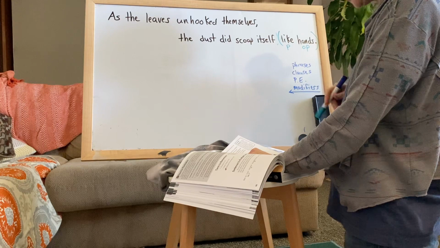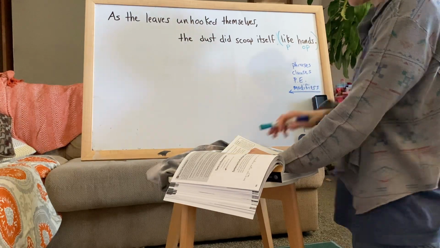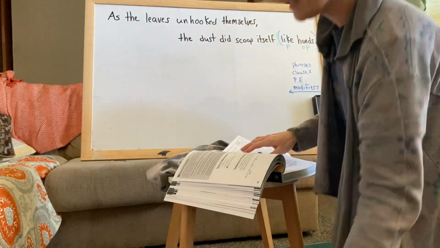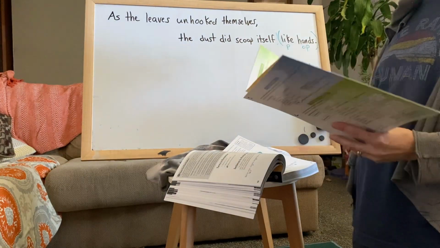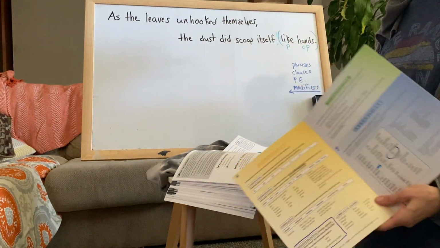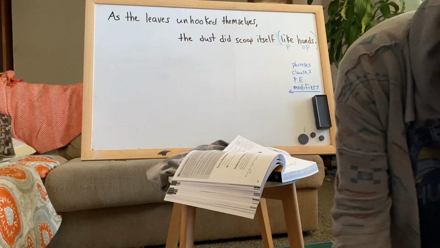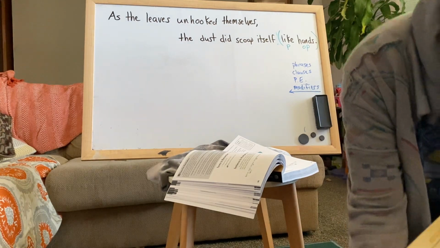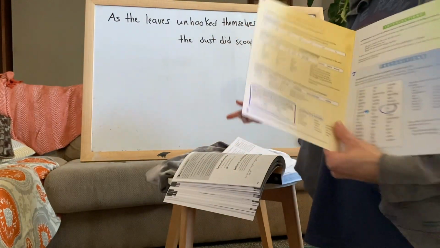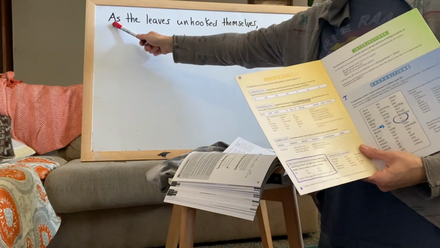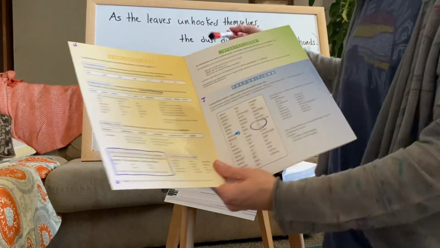Are there any subordinate clauses? As the leaves unhooked themselves. Now, how do we know that's a subordinate clause? Because it can't stand alone. But there's also something that when you read it, you should go, oh, ding, ding, ding. I noticed this is a subordinating conjunction.